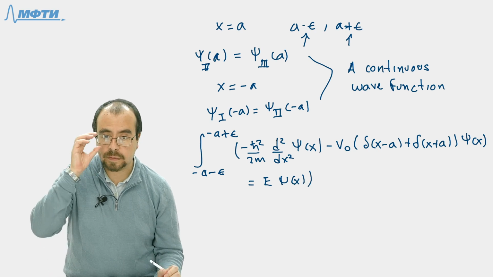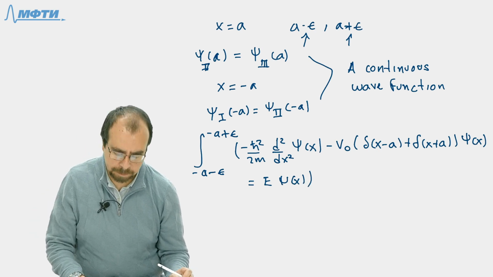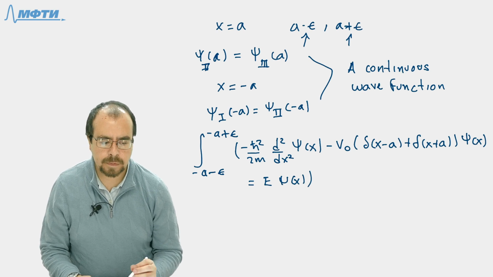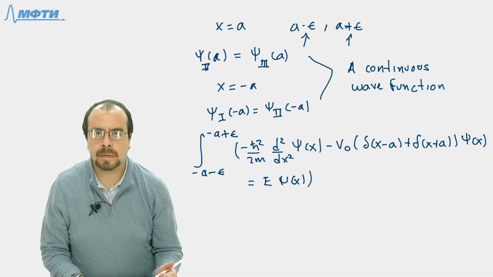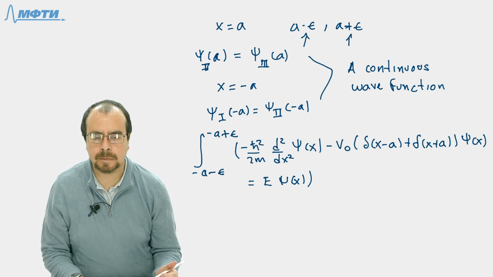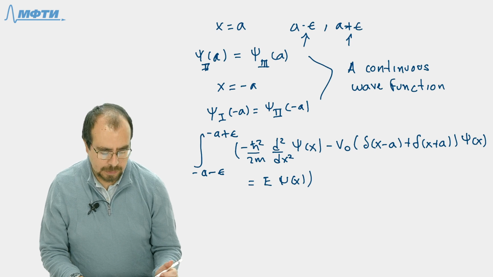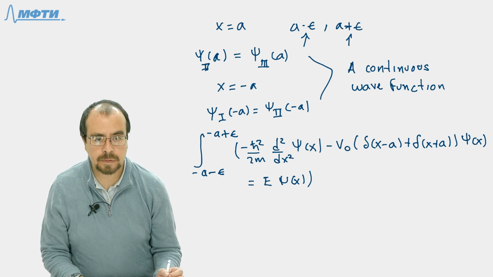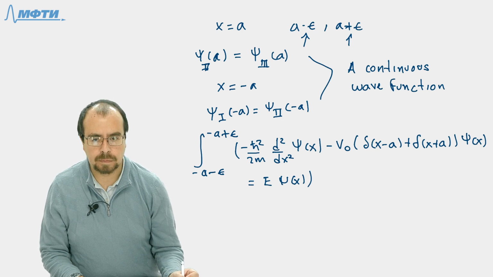So we need to integrate the whole expression. If we deal with the first term, the second derivative, it will give us the difference between derivatives in the different regions. In the case of the delta functions, they will only give us the wave function psi of x at minus a.